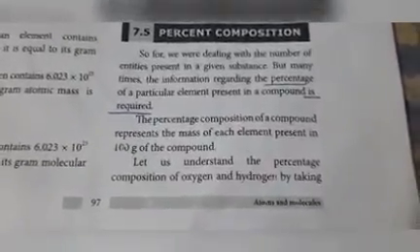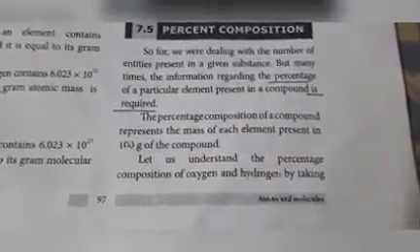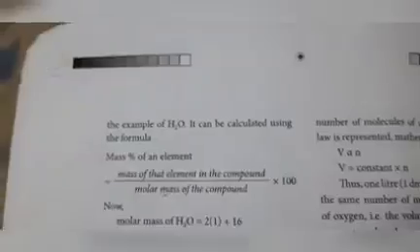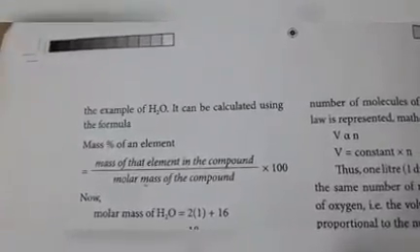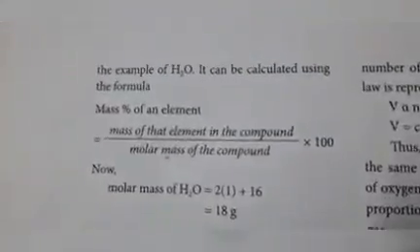Let us understand the percentage composition of oxygen and hydrogen by taking the example H2O. It can be calculated by using the formula.